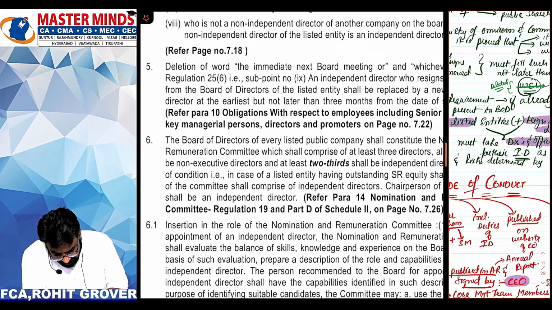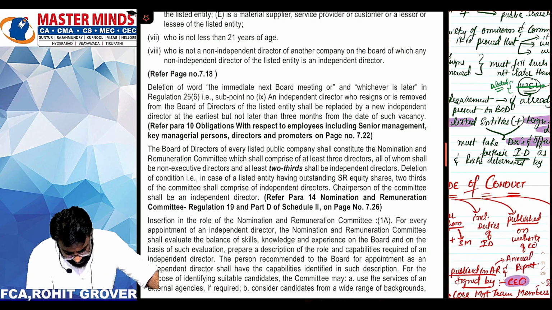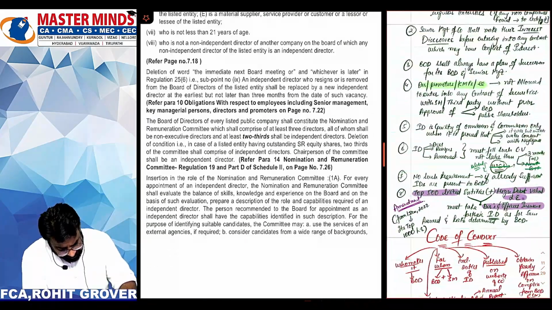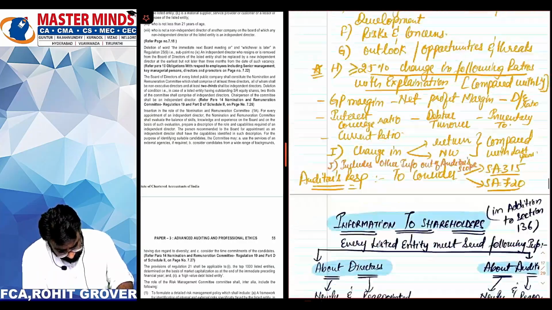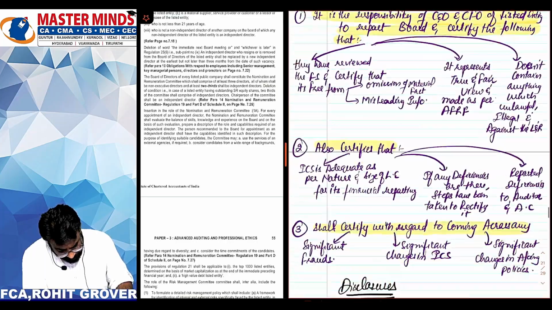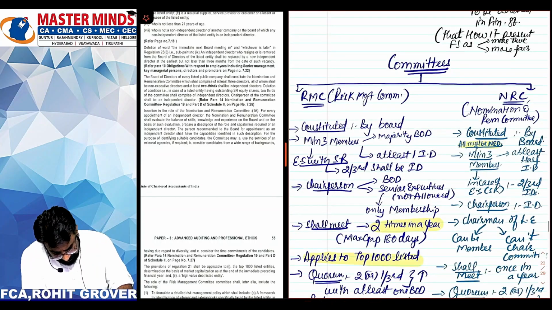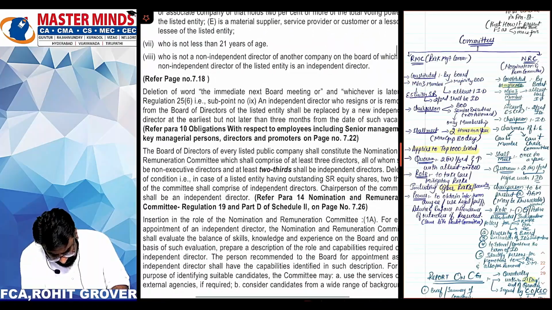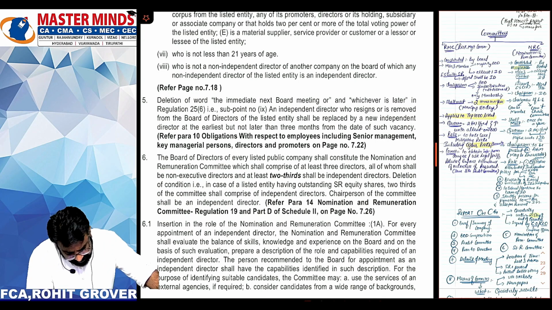Next, in point number 6, the board of directors of every listed public company shall constitute a nomination and remuneration committee which shall comprise at least 3 directors, all of whom shall be non-executive directors. Open the NRC committee. In the NRC committee, they are saying that the board of directors of every listed company shall constitute an NRC committee which shall comprise at least 3 directors, all of whom shall be non-executive directors.